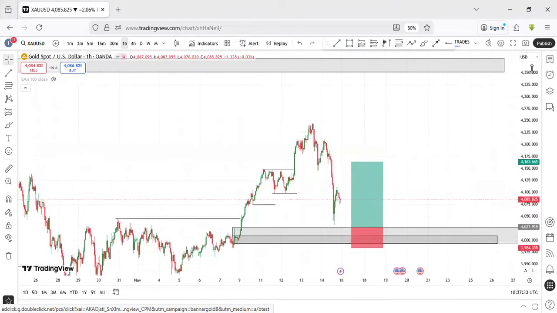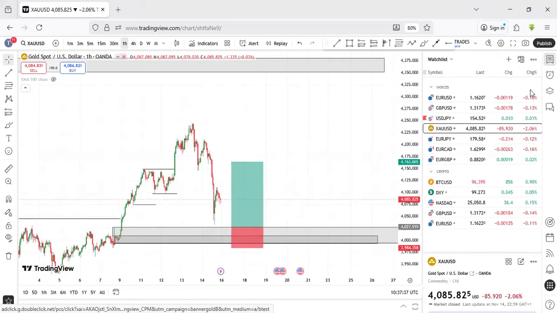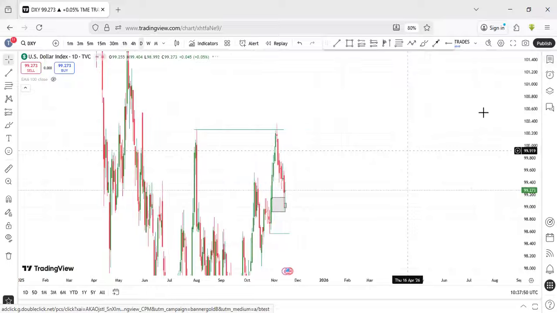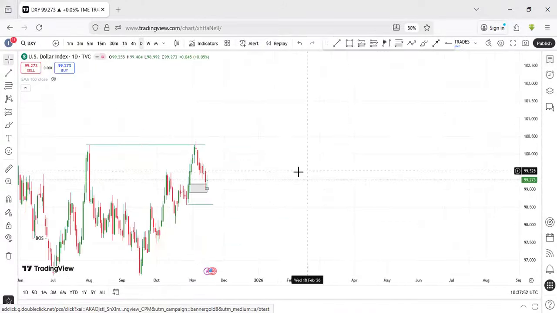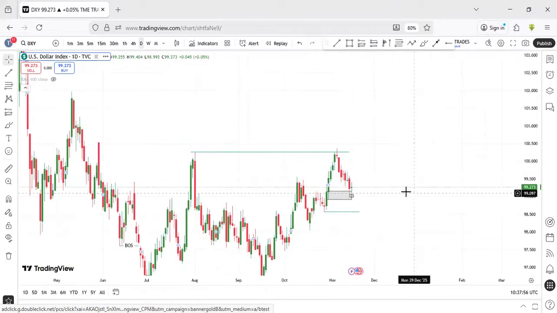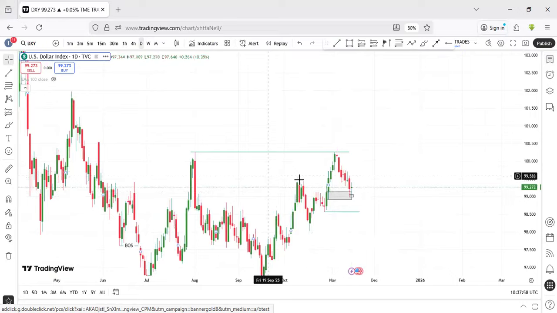But what we are to be looking at now is what we currently have on DXY, right? So let's quickly go there. Now on daily, on DXY, which is the dollar index, the reason we have been buying GBPUSD, EURUSD and gold for some time is because DXY has been weak.